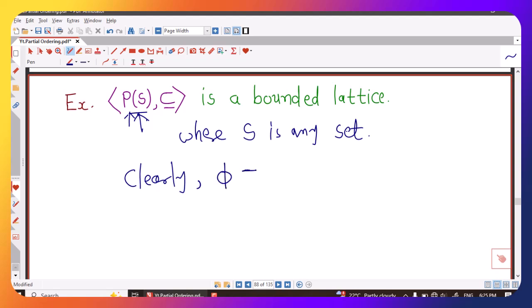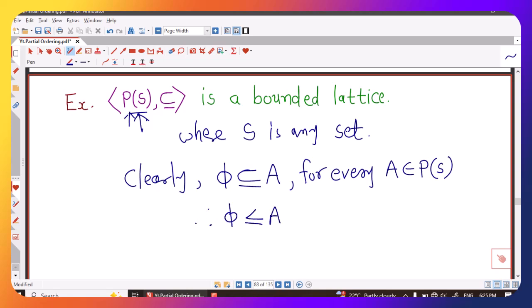Therefore phi is a subset of A, where A is any arbitrary element of the power set of S, for every A in the power set of S. So phi is related to every element of the power set of S.